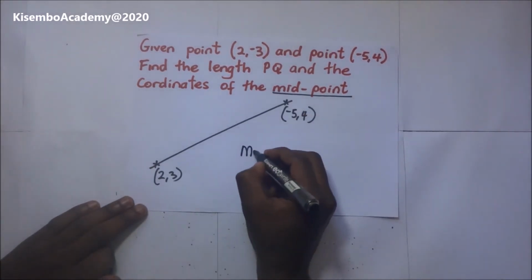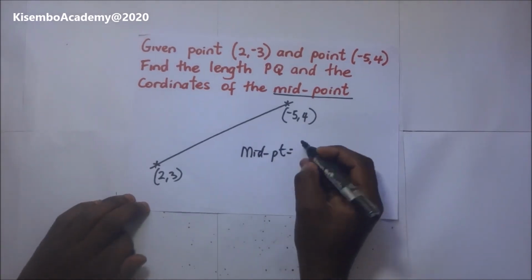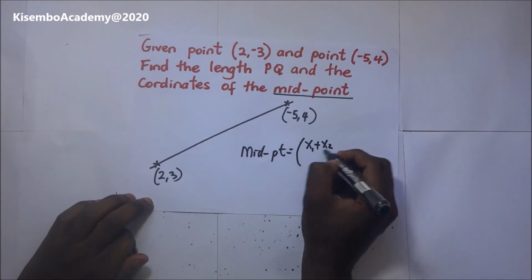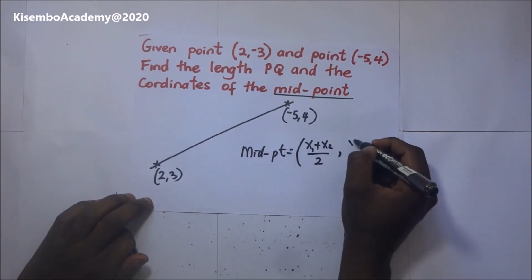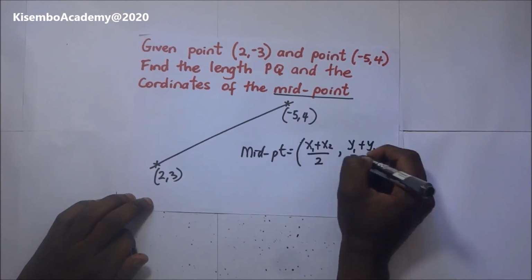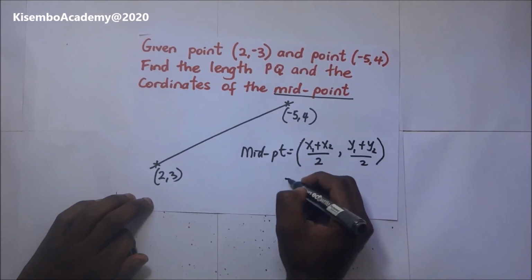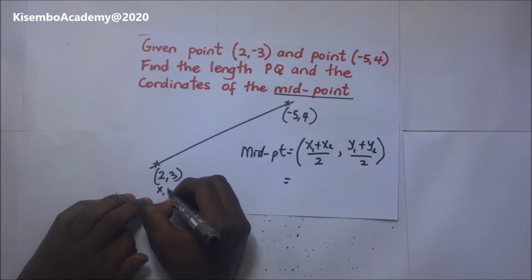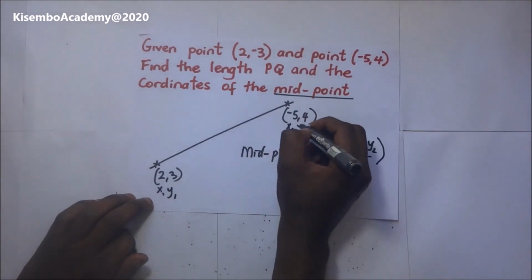The midpoint, we shall get from x1 plus x2 divided by 2, y1 plus y2 divided by 2. Let's call this x1, y1, and this is x2, y2.